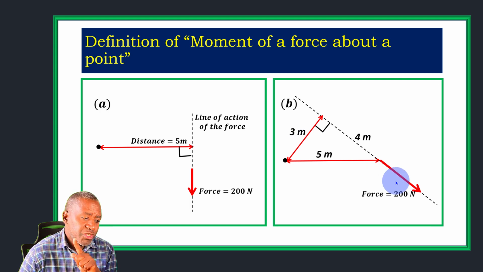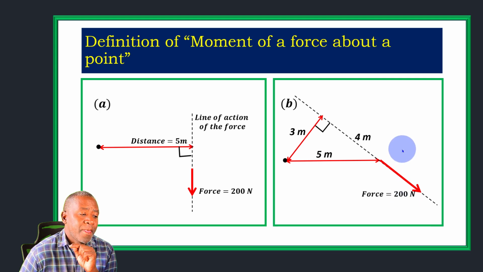The moment due to the 200 Newton force about point O is given by 200 newtons times 3 meters, which gives you 600 Newton meter clockwise.